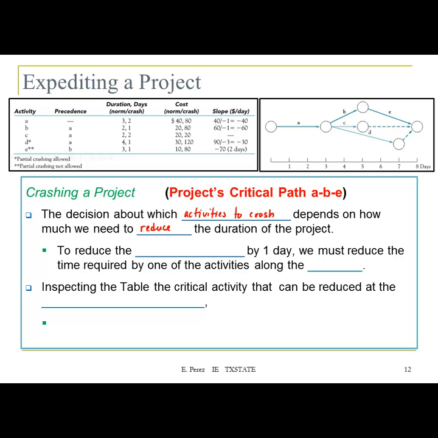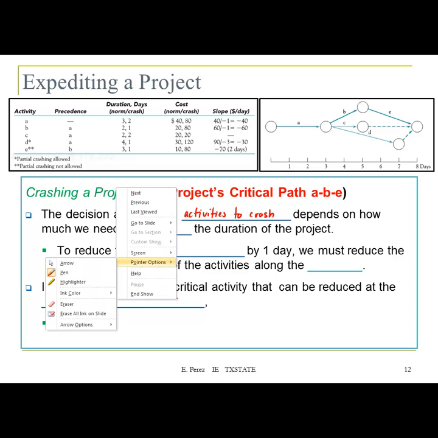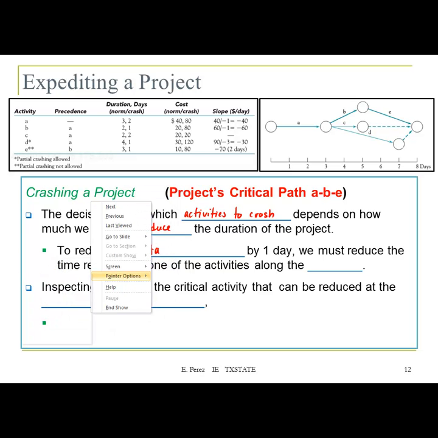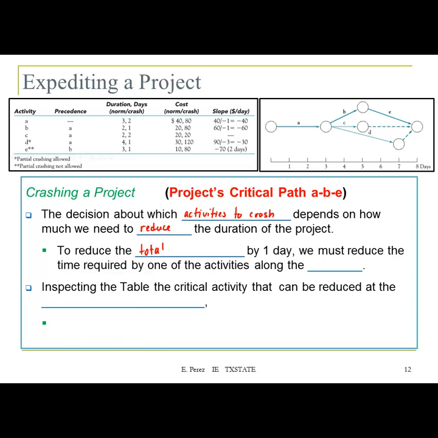So to reduce the total duration by 1 day, we must reduce the time required by one of the activities along the critical path.